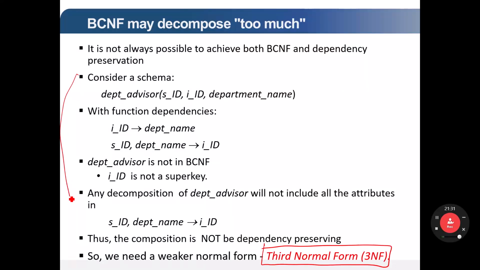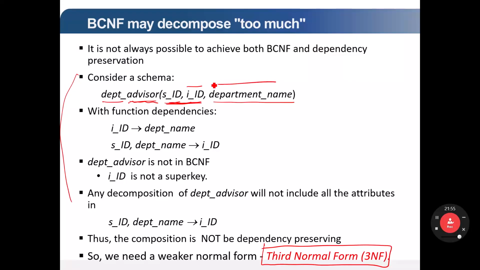An example is listed in this slide. Suppose we combine the department table with the advisor table. So we have student ID and instructor ID. It seems these two attributes are from the advisor table. And we have department name and instructor ID.